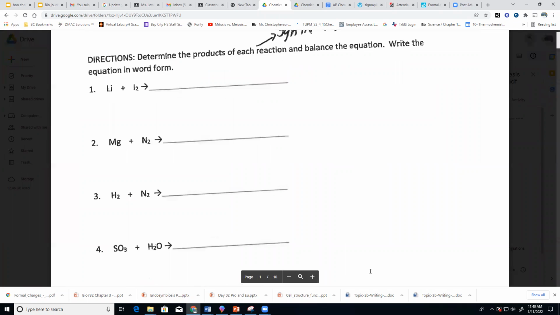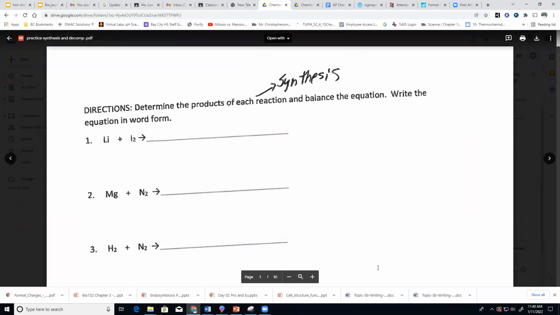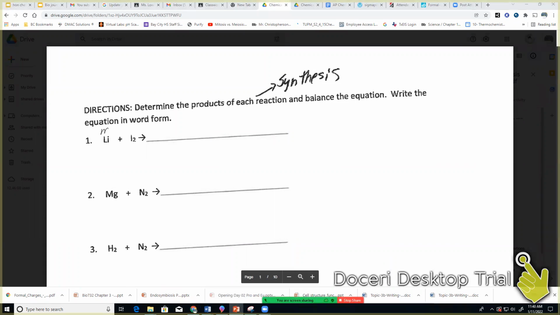These are synthesis reactions, so you've got to know what you're starting with. In the case of number 1, I'm starting with lithium, that is a metal, and iodine, which is a non-metal. So that's just going to be rule 1. Metal plus a non-metal comes together to give me an ionic compound, so that would be lithium iodide.